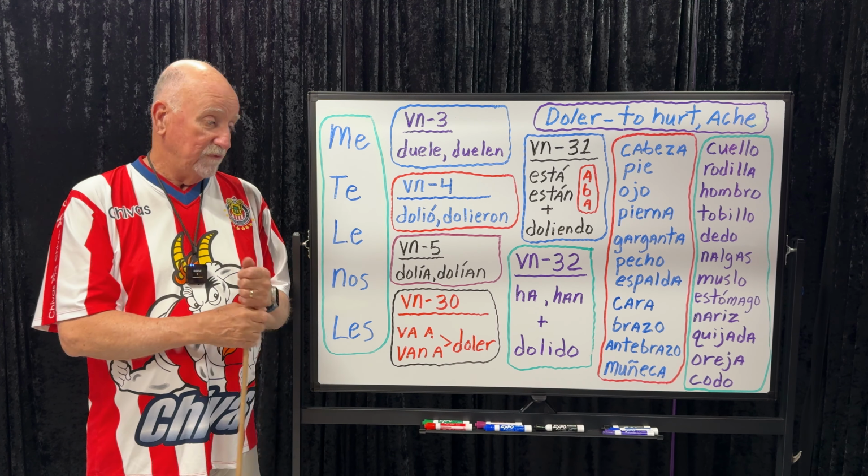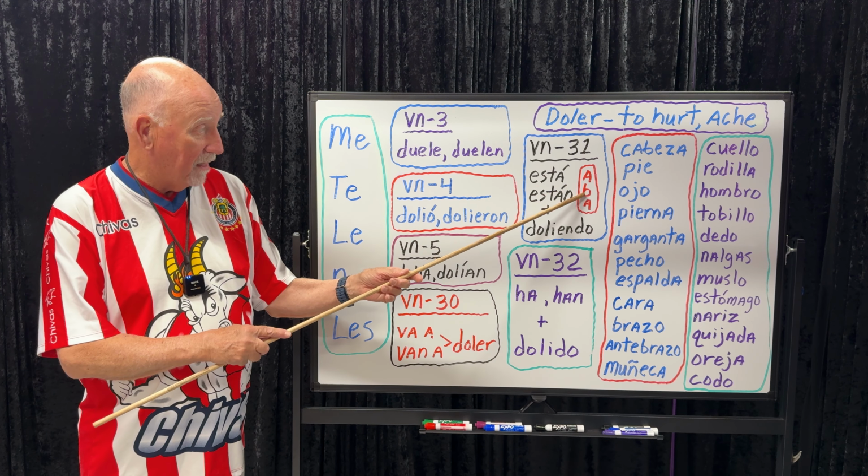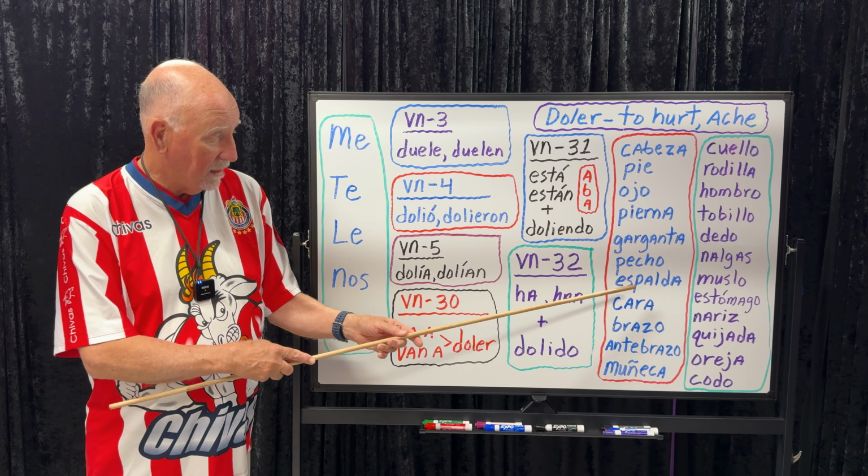Okay, let's go up here. My eye is hurting. Me está doliendo el ojo. If I want to say my eye was hurting, me estaba doliendo el ojo. If you want to say his back was hurting, le estaba doliendo la espalda.